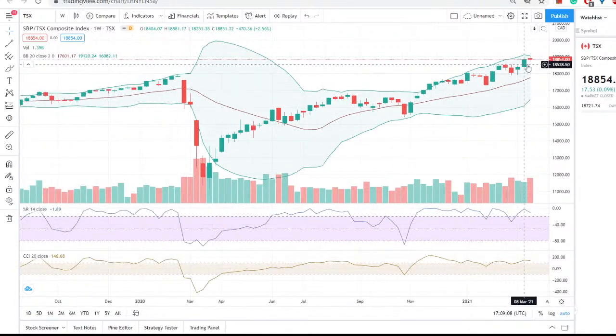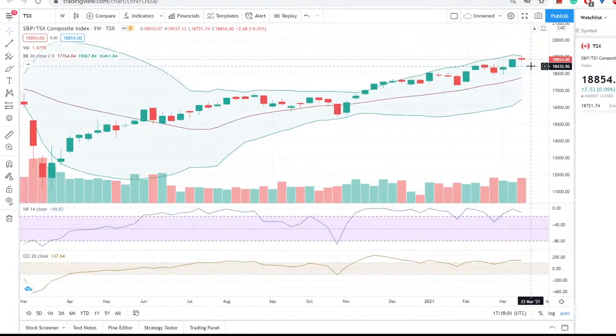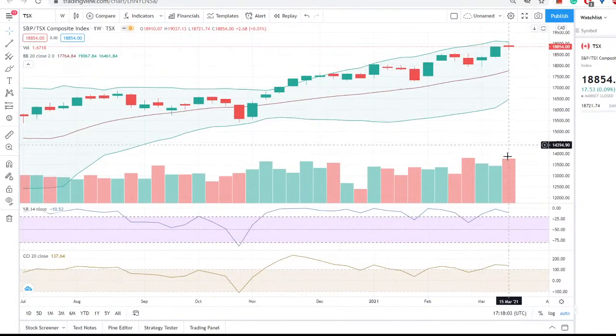So there would be a correction happening, and this being a doji, with red volume candles bigger than normal, the upper Bollinger Band curving down, and indicators flattening, I would be careful about entering stocks now.